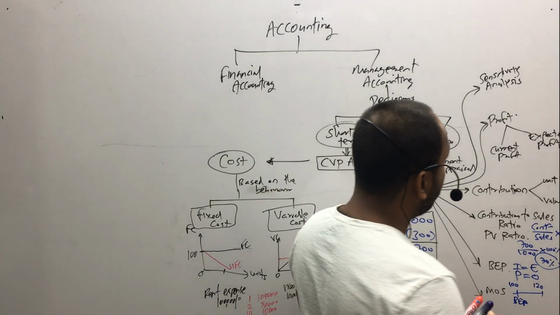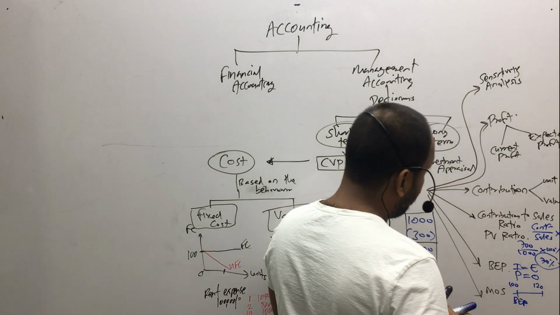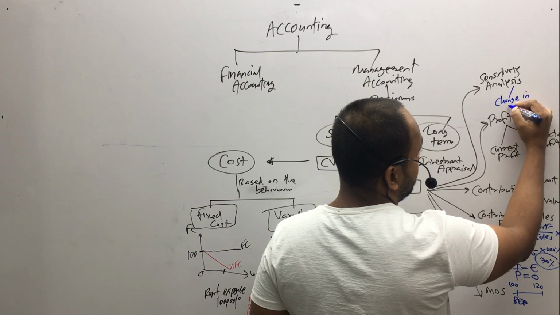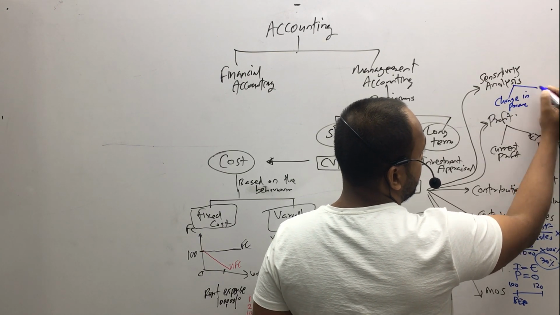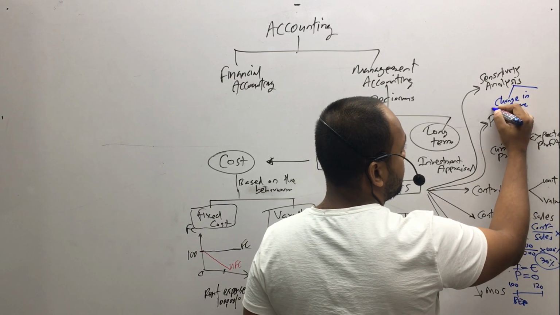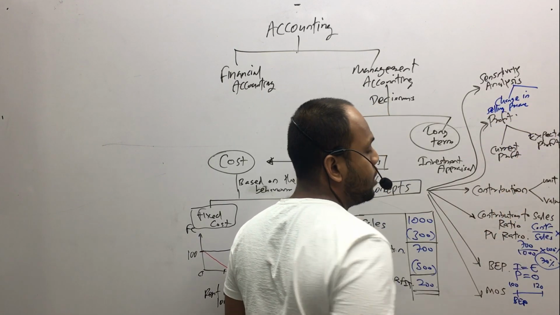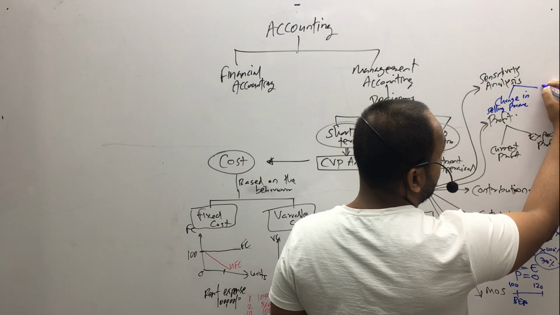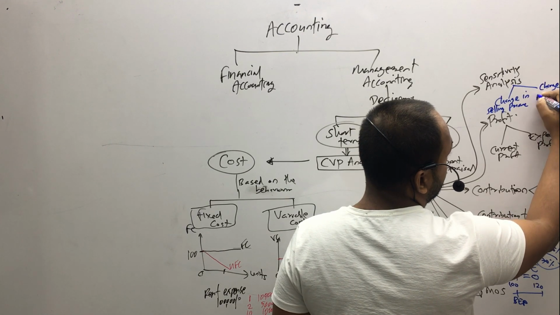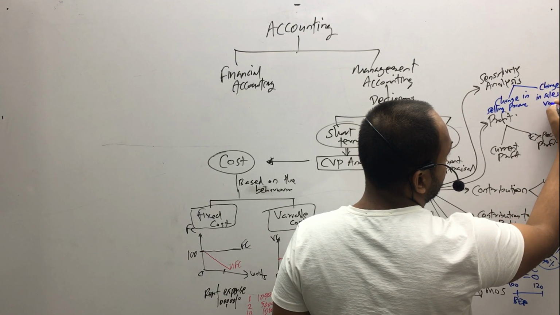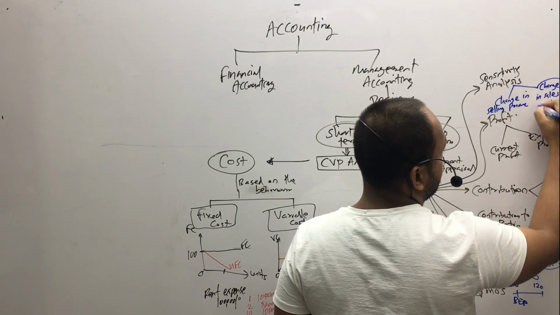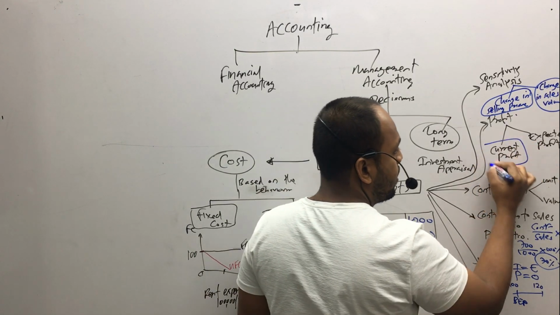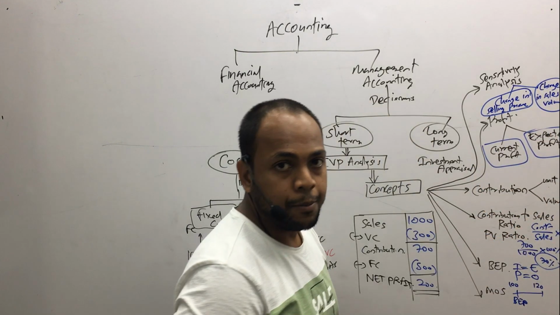So under sensitivity analysis, we learn change in the selling price, and change in the sales volume. So these are the areas that we need to cover under this chapter.